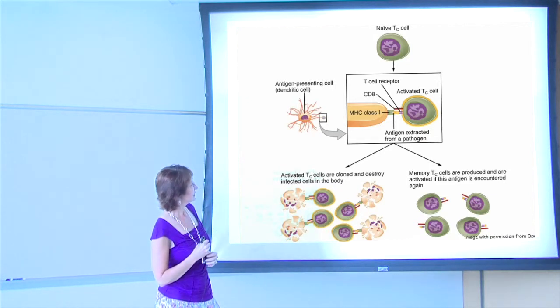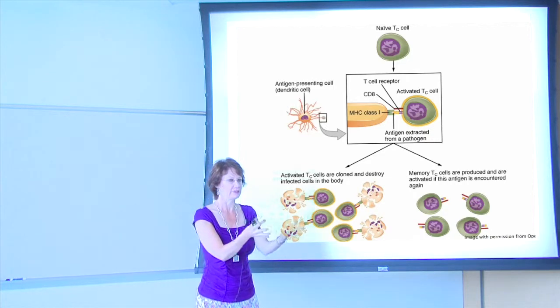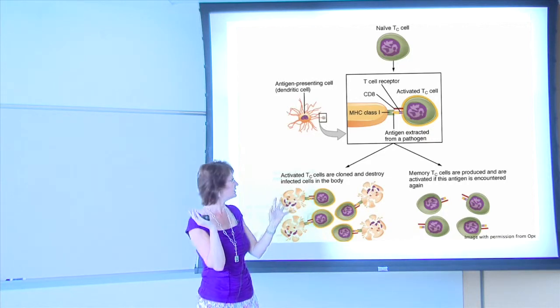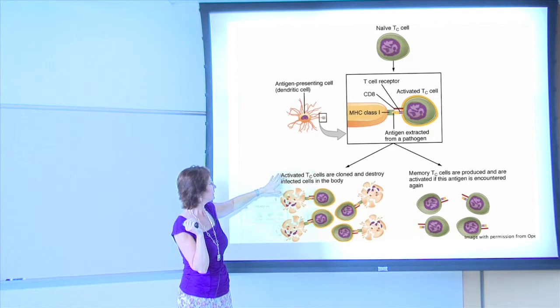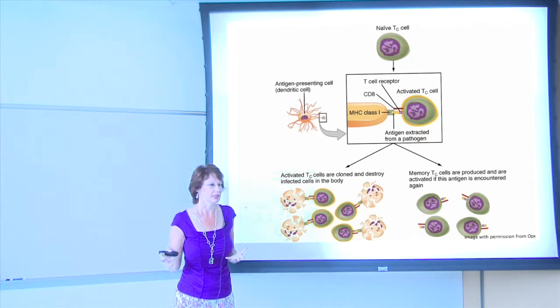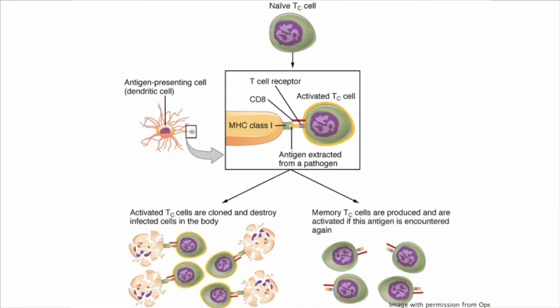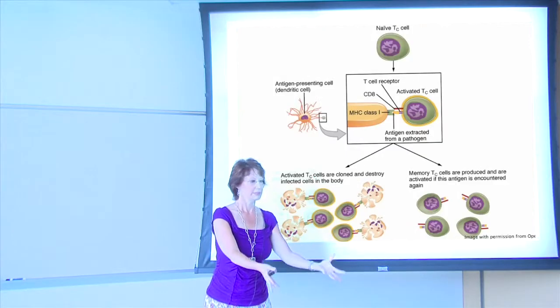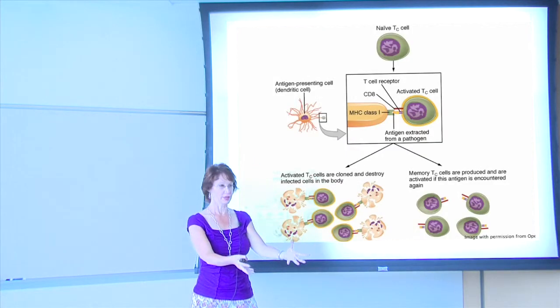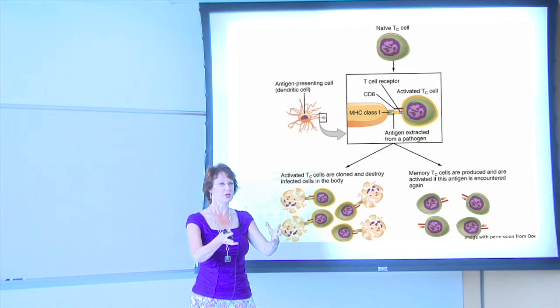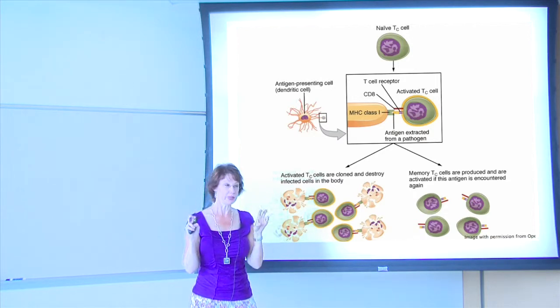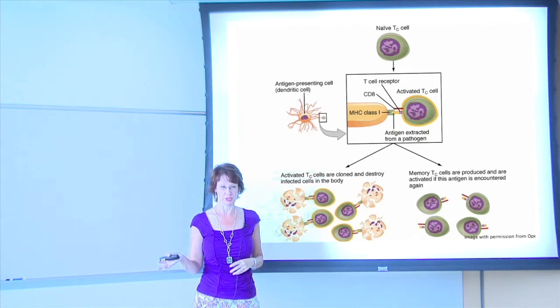Most of the T cells that get made from that one activated, no longer virgin T cell actually become killer cells. Some of them will actually become memory cells. Once a T cell finds the antigen it was made against, some of the cells get to be memory cells, and those memory cells are capable of remembering that antigen for many, many years.